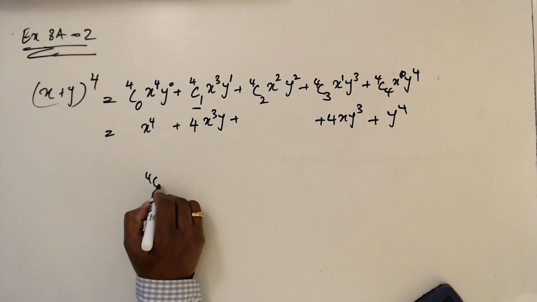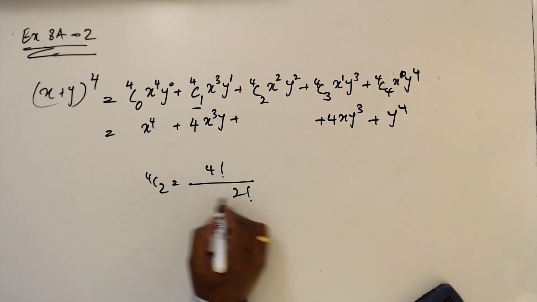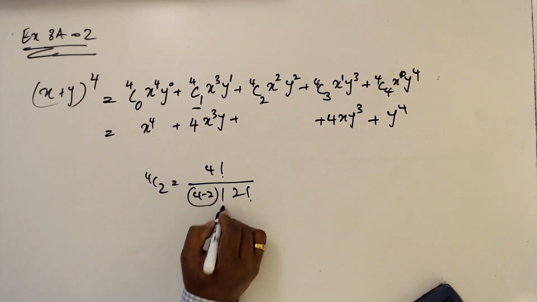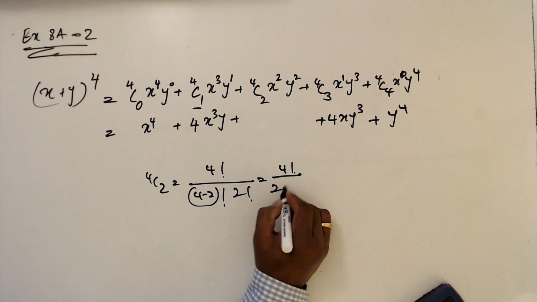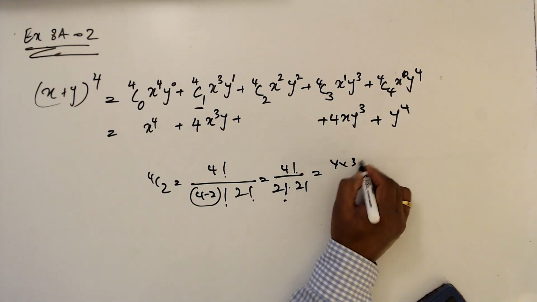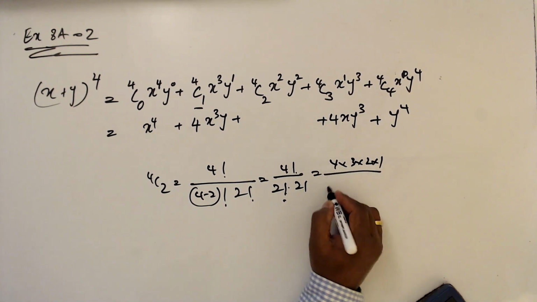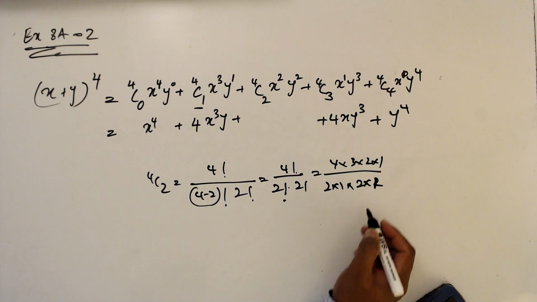Simply we'll find 4C2, which is 4 factorial over 2 factorial times (4 minus 2) factorial. It's going to be 4 times 3 times 2 times 1 over 2 times 1 and 2 times 1.